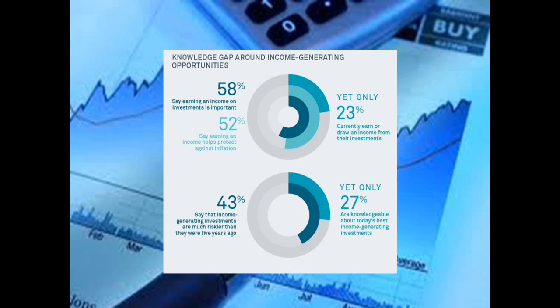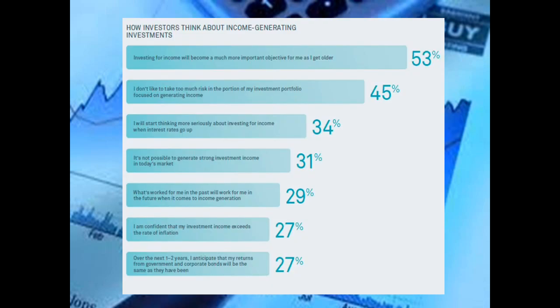And yet, only 23% of them actually do draw an income from their investments. 43% say that income-generating investments are much riskier than they were 5 years ago, and yet only 27% are knowledgeable about what their options are. So we've got a great opportunity here to educate a section of the population that wants to be earning income on their investment dollars but doesn't know how to do it. Huge opportunity for us.